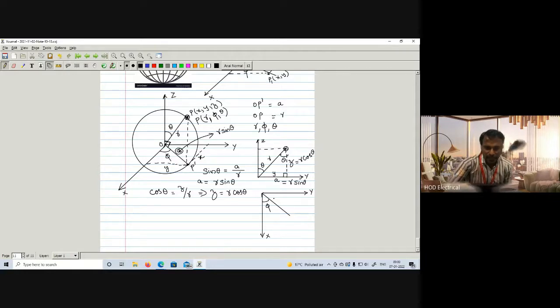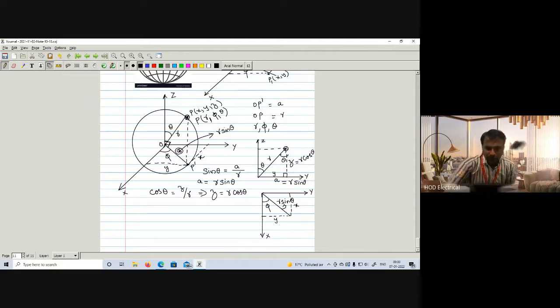I am drawing only the xy plane, so this distance is r into sine theta. This distance we can say is y and this distance is x.